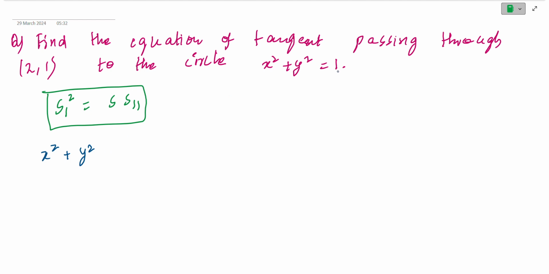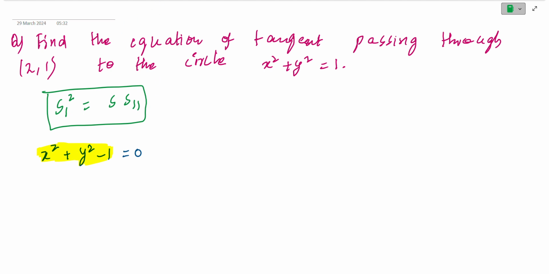Transpose this 1 to the left hand side, so we're going to get minus 1 is equal to 0. So the left hand side part, that highlighted part, is S. Okay. So with the help of this S, I'm going to write the S1 and S11 also.